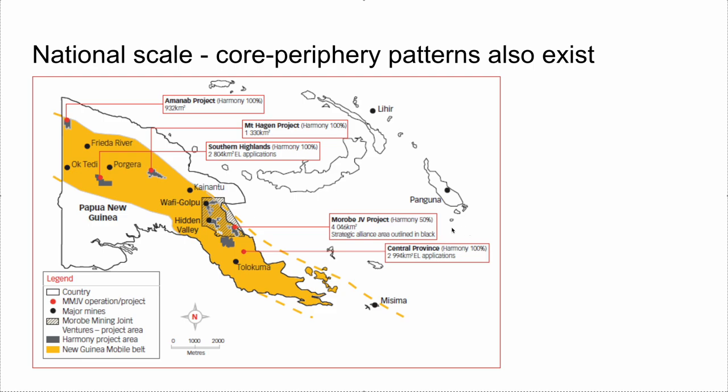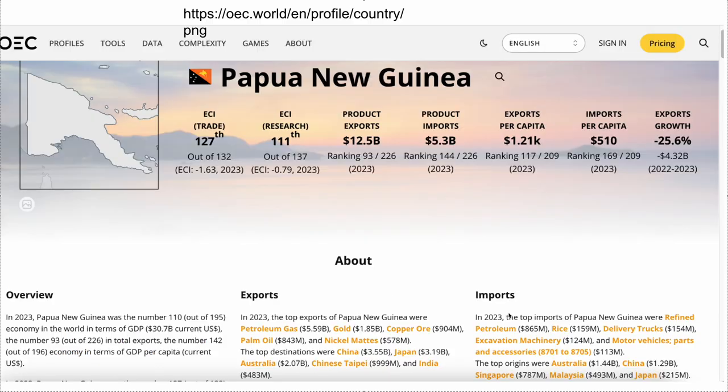Rural to urban migration occurs for job opportunities. And then the underpopulated areas experiencing issues are predominantly rural subsistence agriculture areas. So we see core periphery patterns within countries as well.